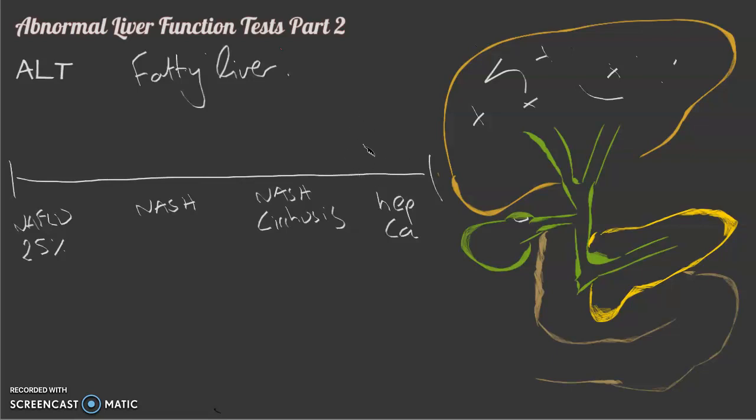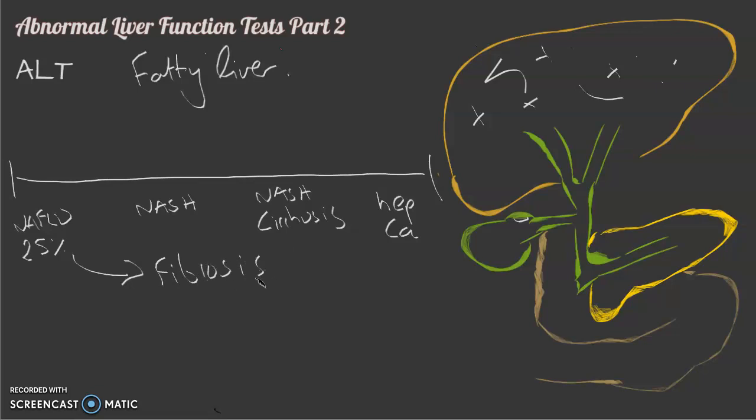The dilemma is that if so many people have fatty liver, how do you categorize them? You can't refer all of them because that would overwhelm the outpatients department. So the question is, which of your patients have fibrosis?